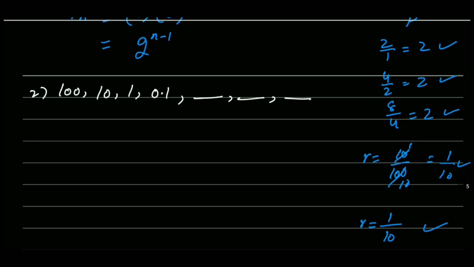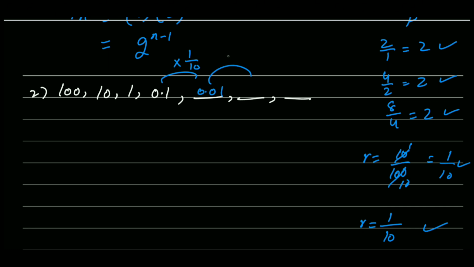So if you multiply 100 with 1 by 10, you get the next term. So every time you multiply each number with 1 by 10, you will get the next term. If you multiply 0.1 with 1 by 10, you will get 0.01.